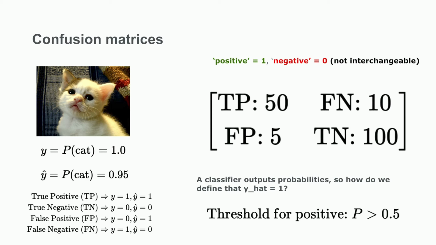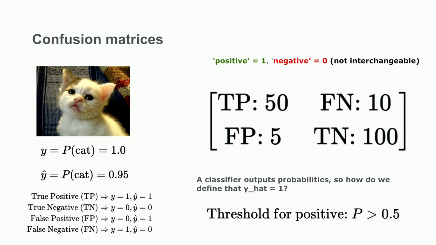Remember that the model will always output probabilities. So we need to find a threshold in which we binarize the probability. The default behavior that we see in most machine learning libraries is that when the probability is above a 0.5 threshold, we say that this is a positive prediction, that we're predicting that this is a cat.